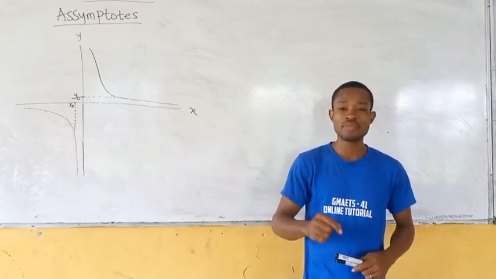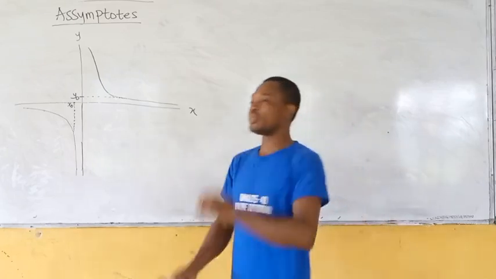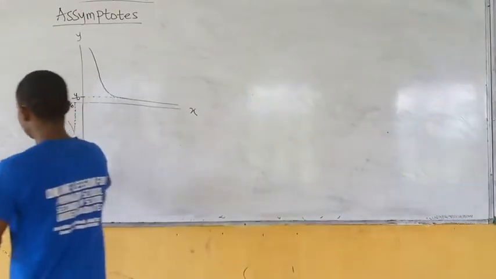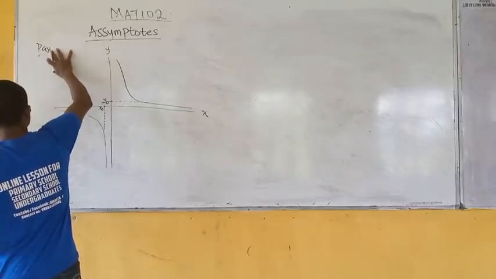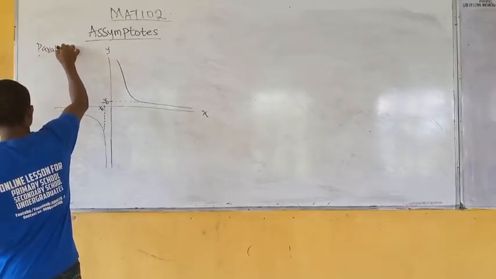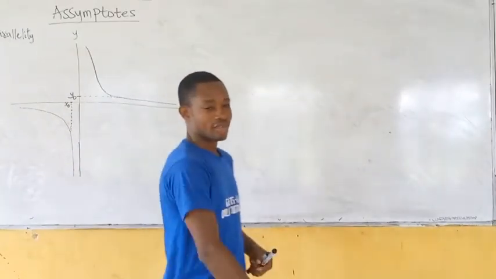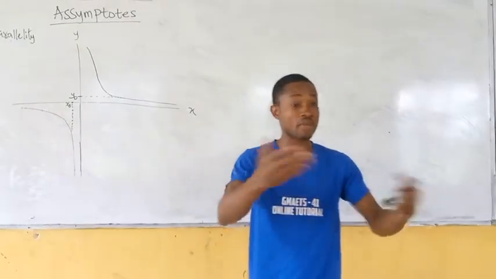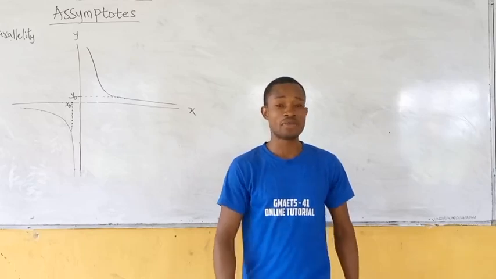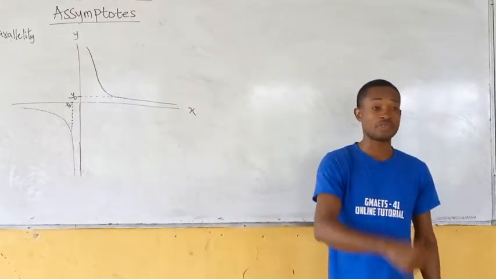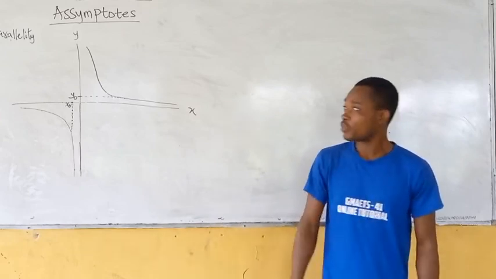We need to determine the value of x at which the parallelity began, that is, at which that curve became parallel. Are you getting me, right? So if your examiner asks you, find the vertical asymptote, what are we looking for? X value. Go full stop and continue.